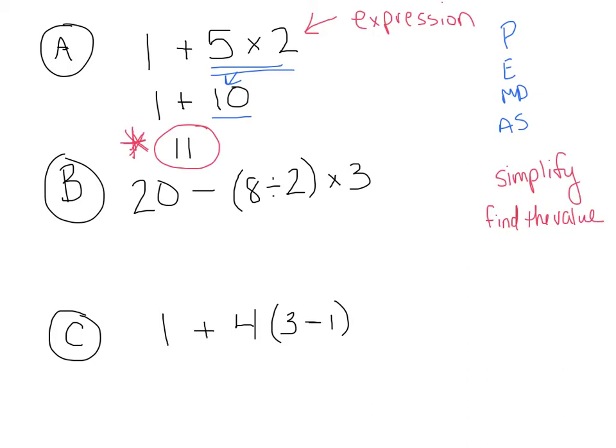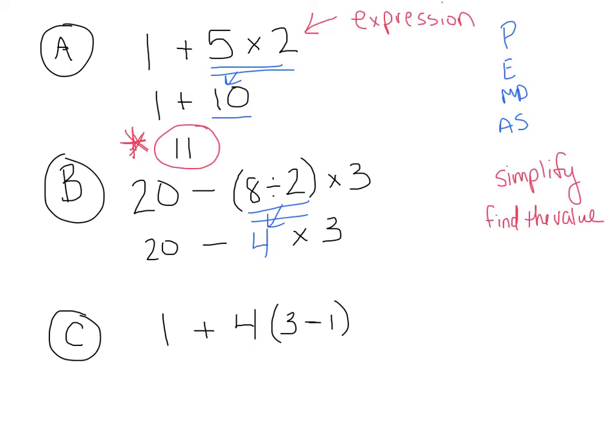So let's find the value, or simplify, expression B. Do I have parentheses? Why, yes I do, right here. So 8 divided by 2 will be 4, and I rewrite everything around it: 20 minus 4 times 3. The only thing I've changed is the parentheses. Do I have exponents?